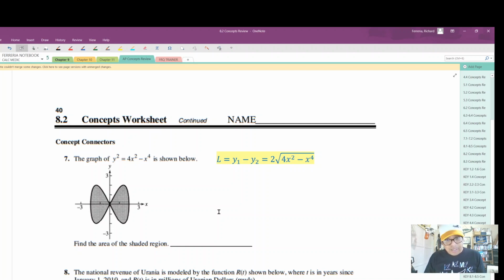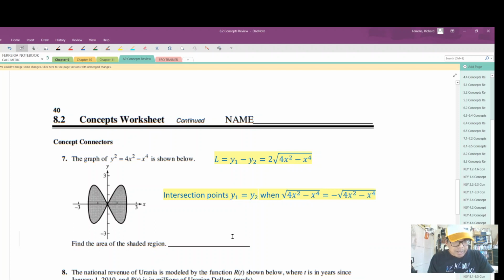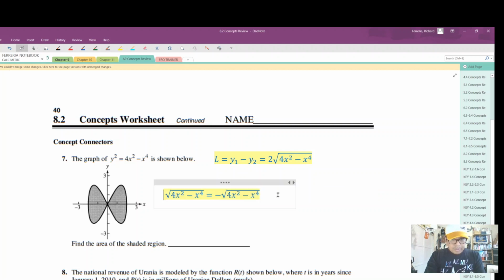Next, intersection points. Now that is pretty much 0, although we'll prove that algebraically as well. This looks like 2. We want to show that algebraically as well. Those intersection points happen when y1 equals y2, which basically means when the positive and negative roots are equal to each other. And so we're going to find out what x coordinates make those positive and negative roots equal to each other. So take the square root.